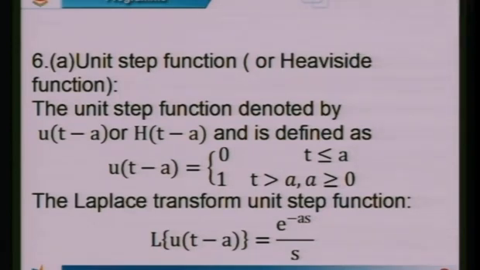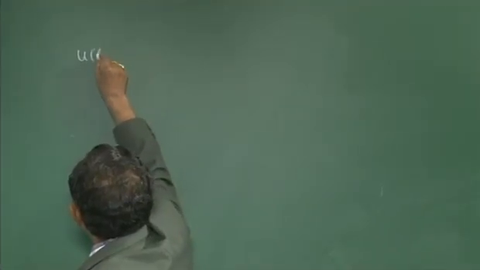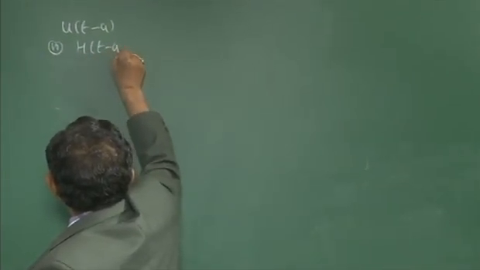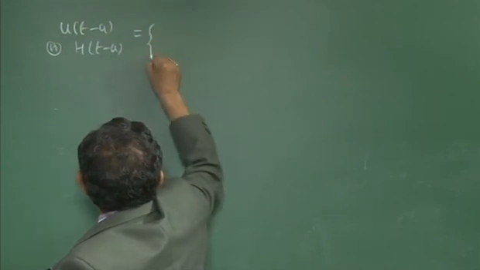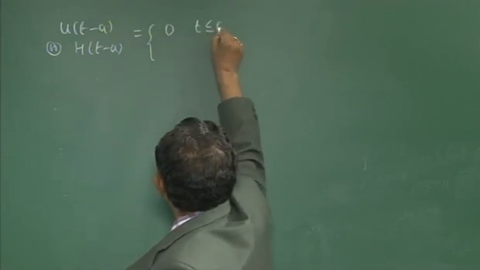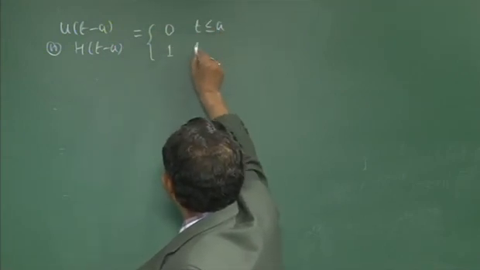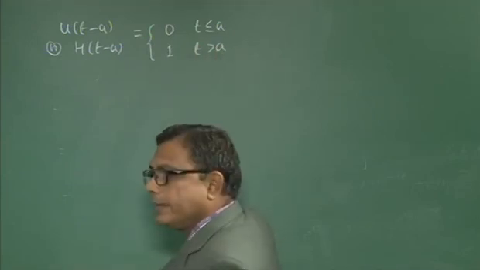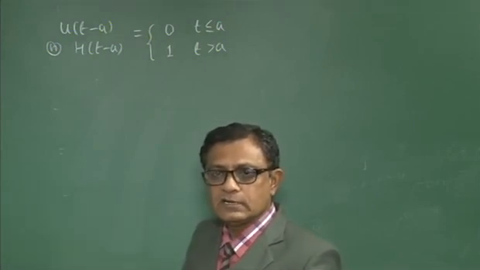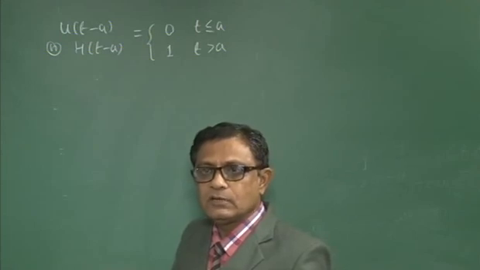The unit step function is denoted by u of t minus a, or you can write h of t minus a, and is defined as 0 for t less than or equal to a, and equal to 1 for t greater than a. This is the definition of the unit step function, or in general we call it step function or Heaviside unit step function.